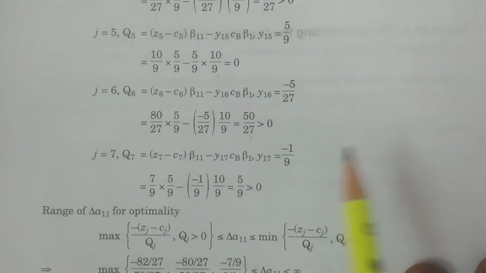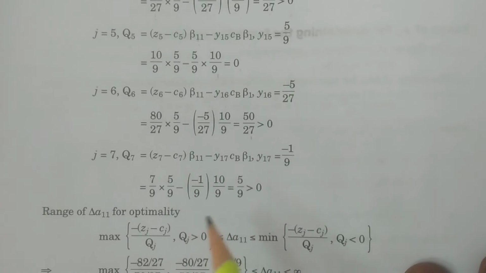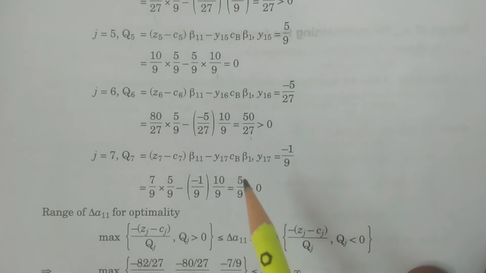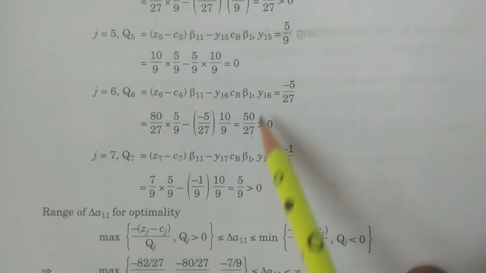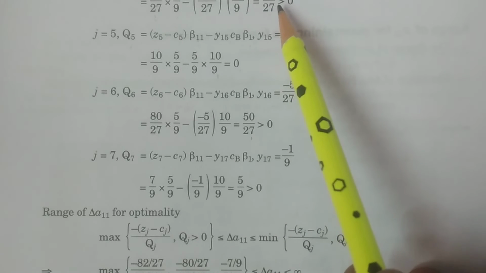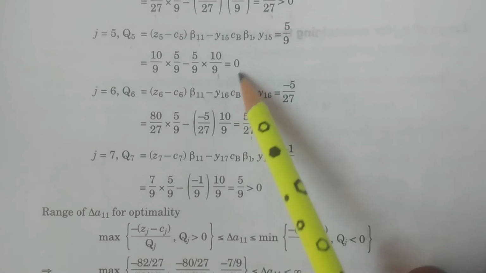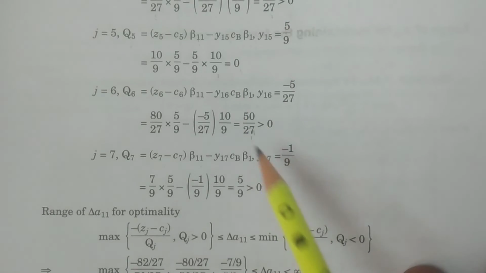For all the values which are not in the basis, you have to calculate Qj, that is Zj minus Cj into beta Kk minus Ykj CB beta K. That is what we have to calculate. We have calculated 4 values: Q3, Q5, Q6, Q7. The values are 70 by 27, 0, 50 by 27, 5 by 9.